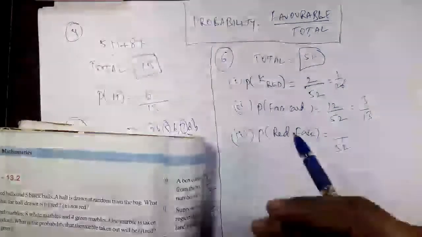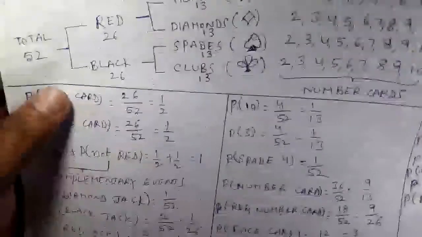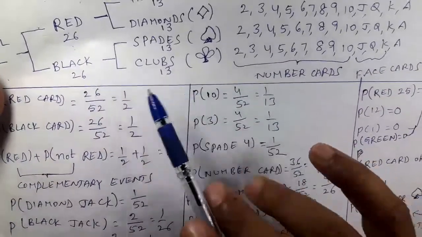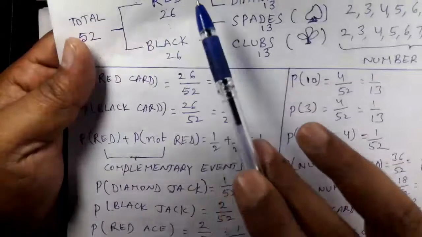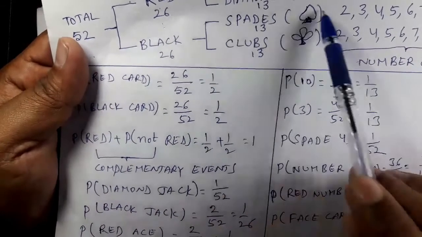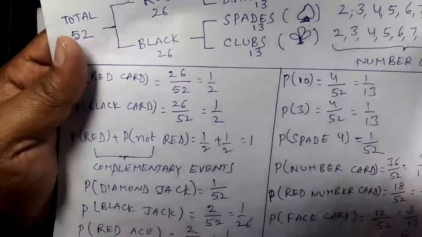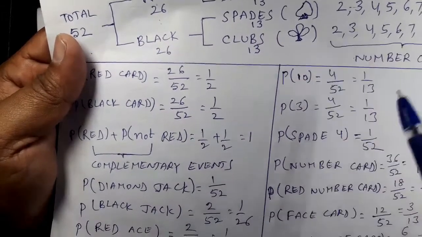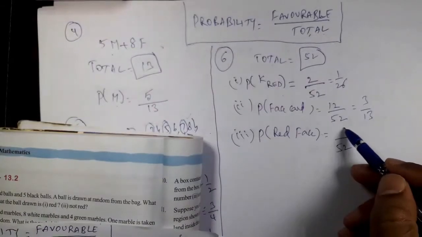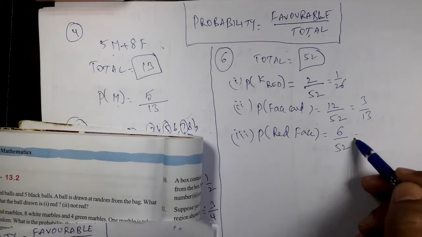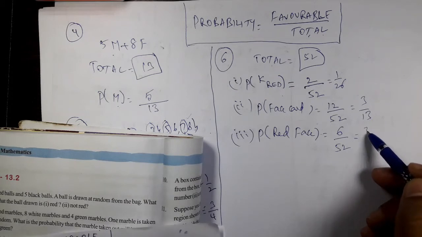Coming to the numerator, how many are red face cards? Red cards means 26. He is talking about these 26 cards. How many of these 26 are face cards? Face cards 3, 3, 6. So these 6 are favorable: 6 by 52.